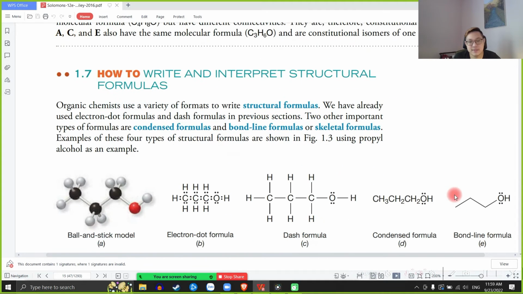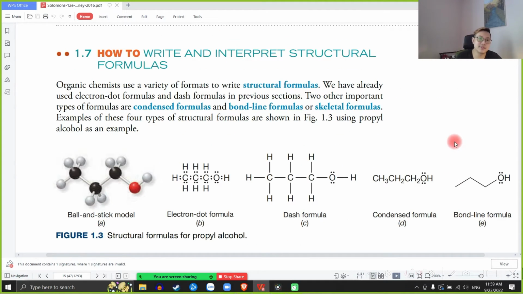1.7, how to write and interpret structural formulas. So basically, constitutional formulas or structural formulas, same way to write it. But there are ways to write and interpret structural formulas. You can write it as a ball and stick model, but this is a model, you cannot write it.